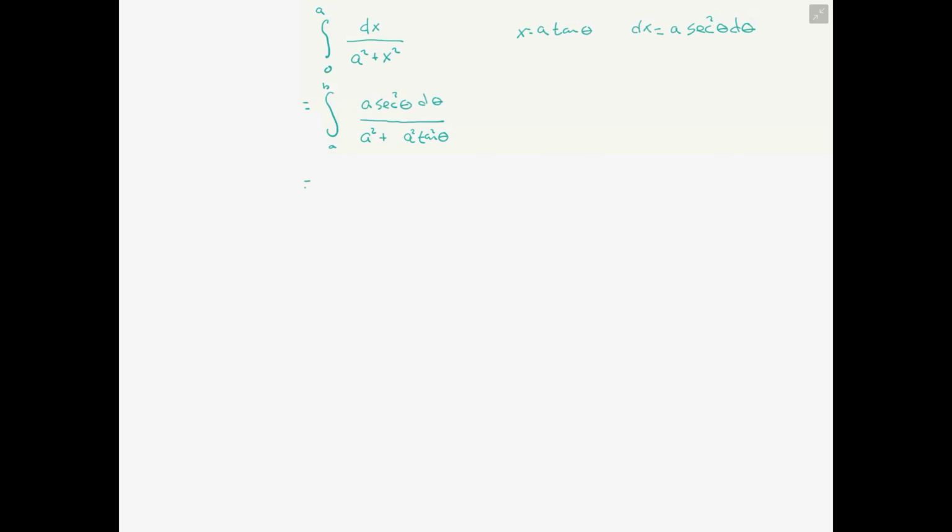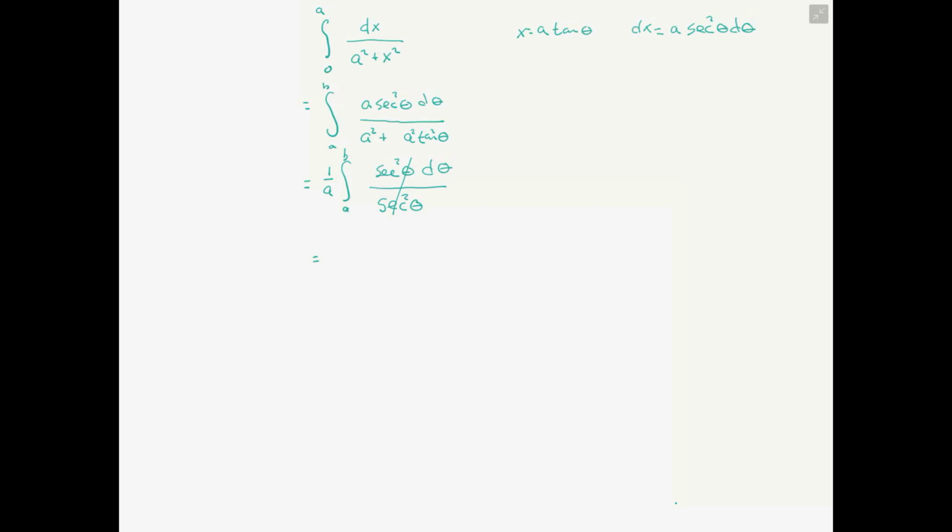And when we pull out the a squared, we've got 1 over a, integral from a to b of secant squared theta d theta, and the denominator is secant squared theta.